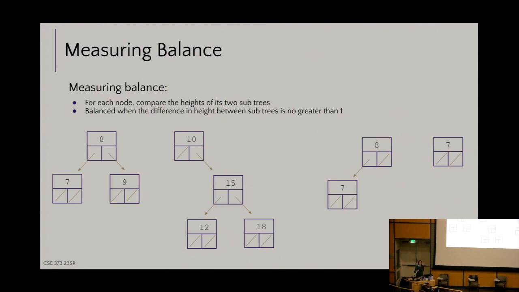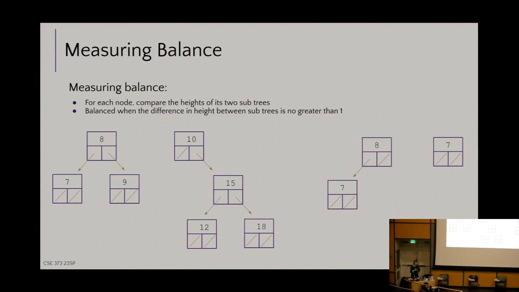So if I have a left subtree of height -1 and a right subtree of height 1, is it balanced? No. This is not an AVL tree. This is an imbalanced tree. The right subtree is just a little too long compared to the left subtree.